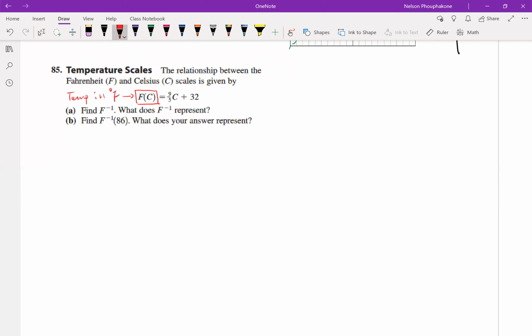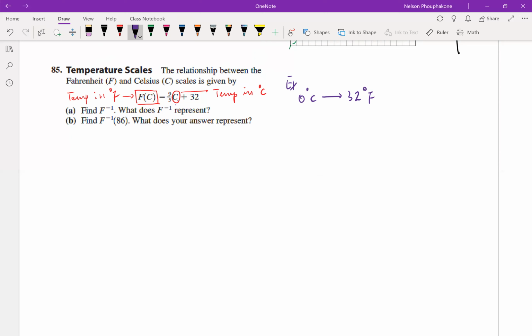For example, when you have 0 °C, we plug in 0 here, then 9/5 times 0 is 0, plus 32 is 32. So 0 °C is equal to 32 degrees Fahrenheit.